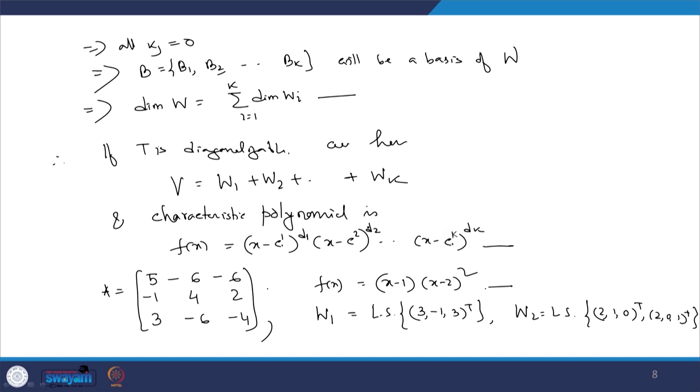The eigenspace associated to eigenvalue 1 is W1, the linear span of (3, minus 1, 3) transpose, and W2 is the eigenspace associated to eigenvalue 2, spanned by (2, 1, 0) transpose and (2, 0, 1) transpose. The linear span of these two linearly independent vectors gives the eigenspace W2, and you will see that V, the space of all 3-tuples F3 cross 1, equals W1 plus W2.